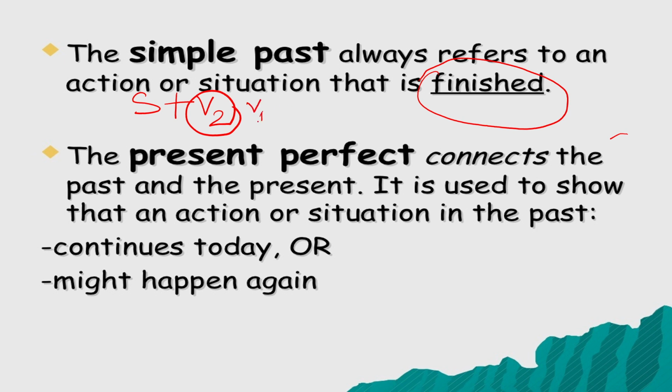Of course, there are five forms of the action verb: verb 1, verb 2, verb 3, verb 4 and verb 5. Verb 1 is also known as the root verb. Verb 2 is also known as the past verb. Verb 3 is also known as the past participle.